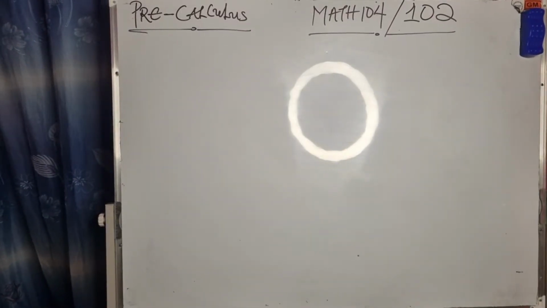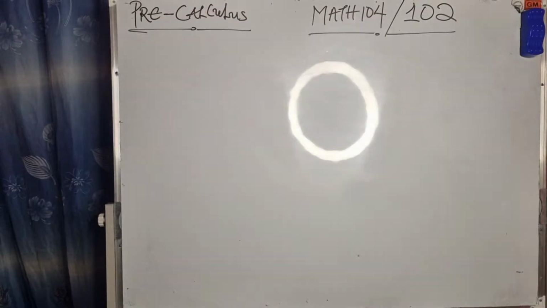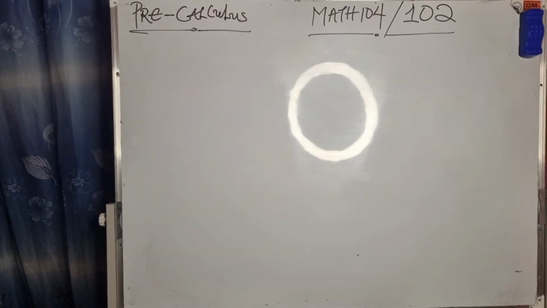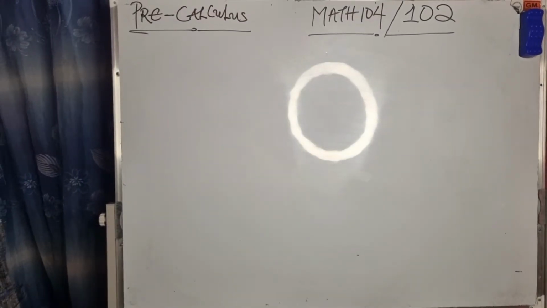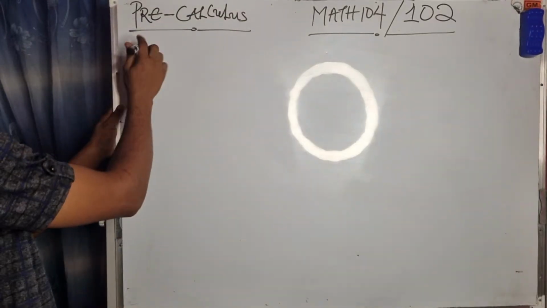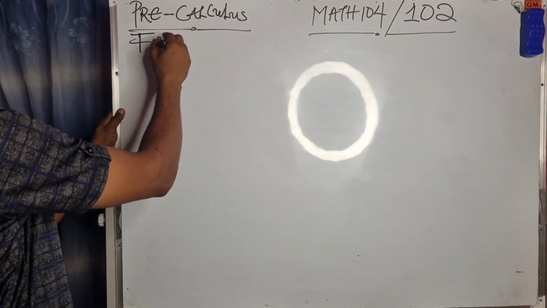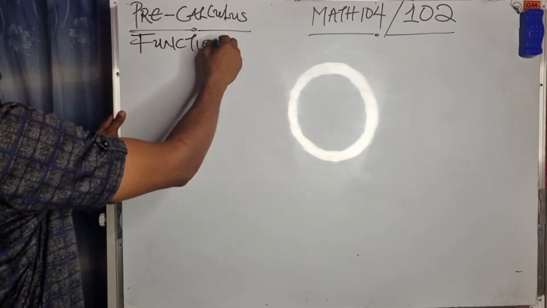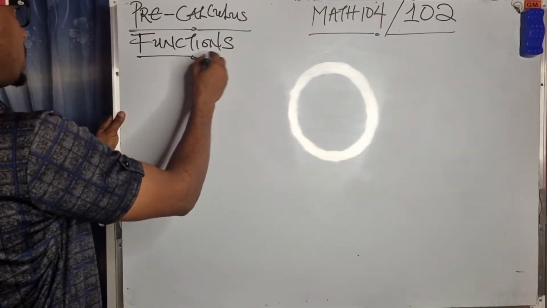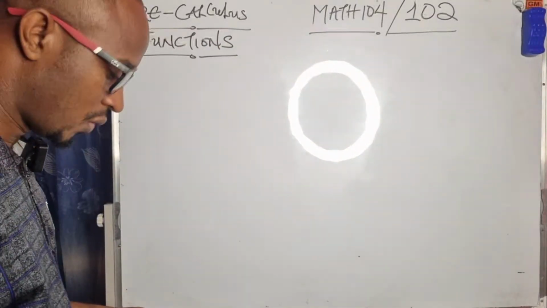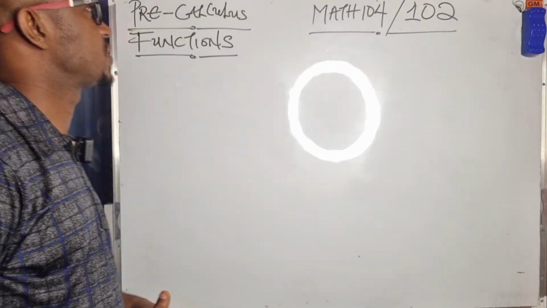Alright guys, I want us to have a review of our previous class yesterday. Yesterday we talked about functions, which is one of the topics in pre-calculus, and we were able to define the concept called function.